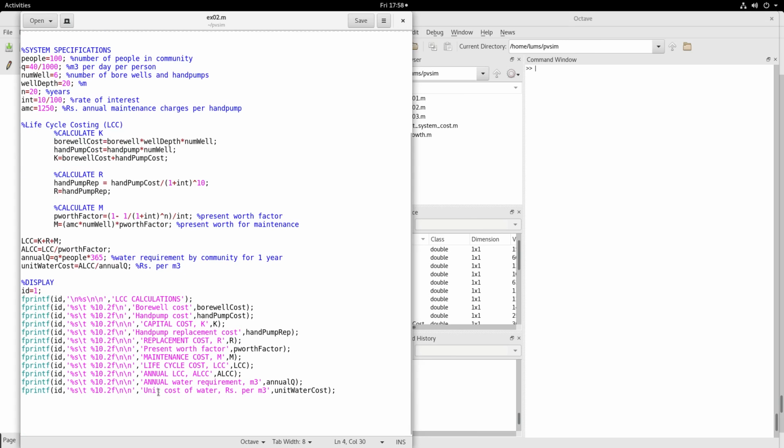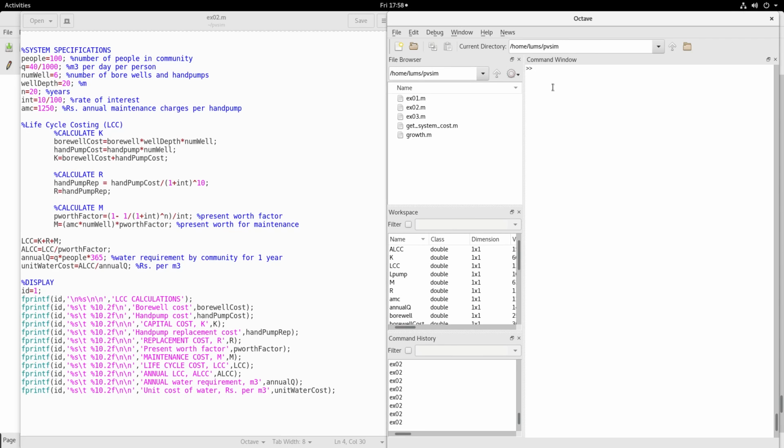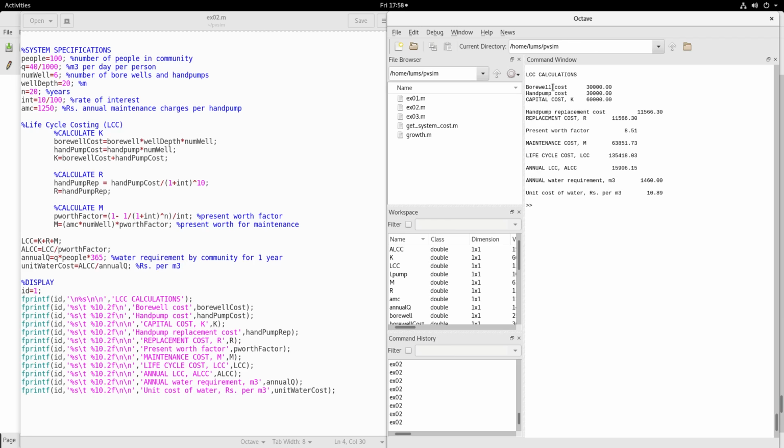Then I have the display section where I display the various parameters. So if you execute example 2, you will get the LCC calculations: the borewell cost, capital cost 60,000, replacement cost whatever we had calculated, present worth factor, maintenance cost, and the life cycle cost again what we had calculated, annual cost, and then you see that the unit cost of water is 10.89 rupees per meter cube.